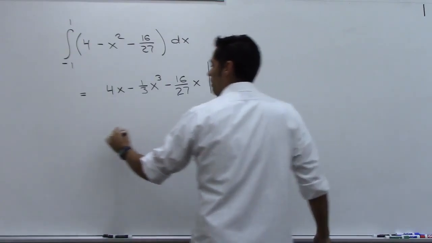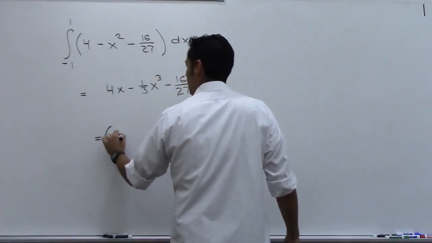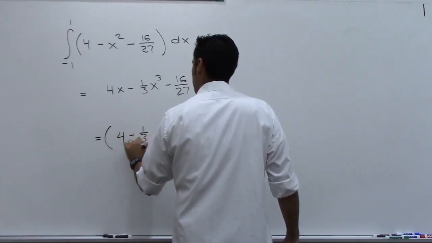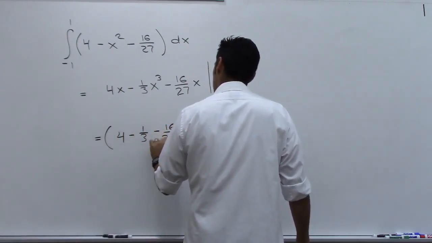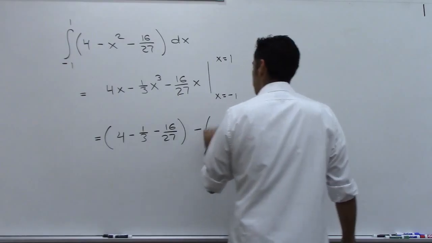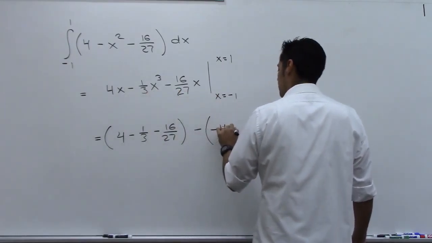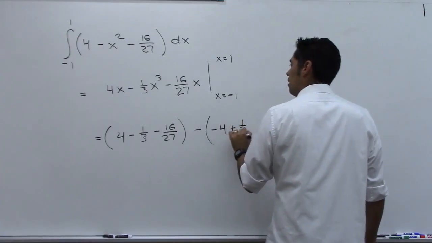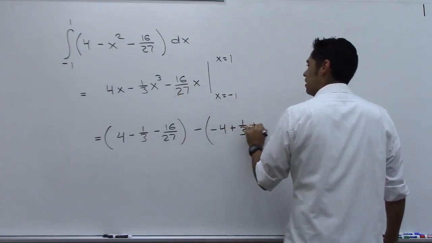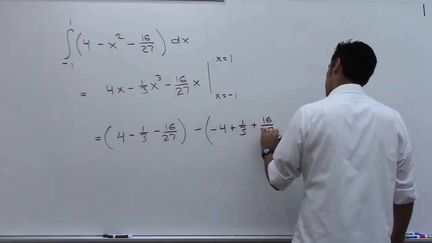So let's plug in 1 first. We get 4 minus 1/3 minus 16/27 minus, plug in negative 1, we get negative 4, we get positive 1/3, we get positive 16/27.